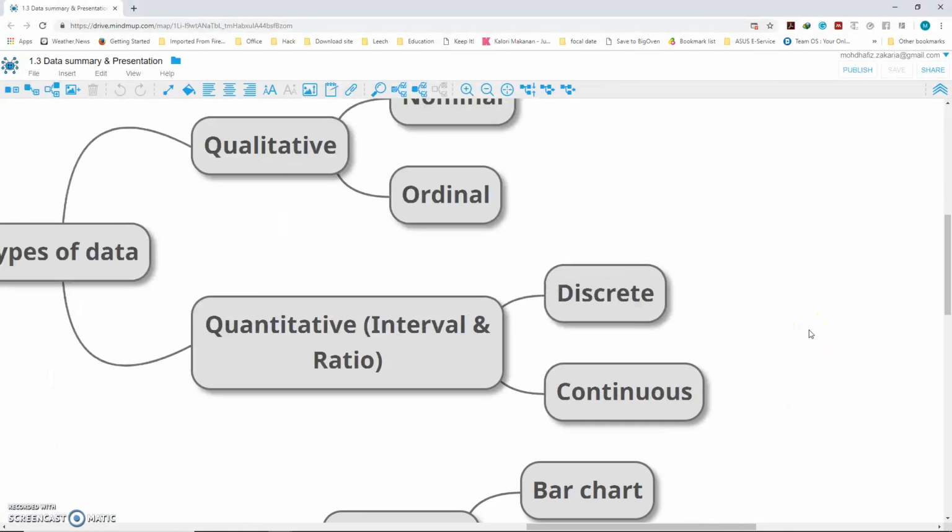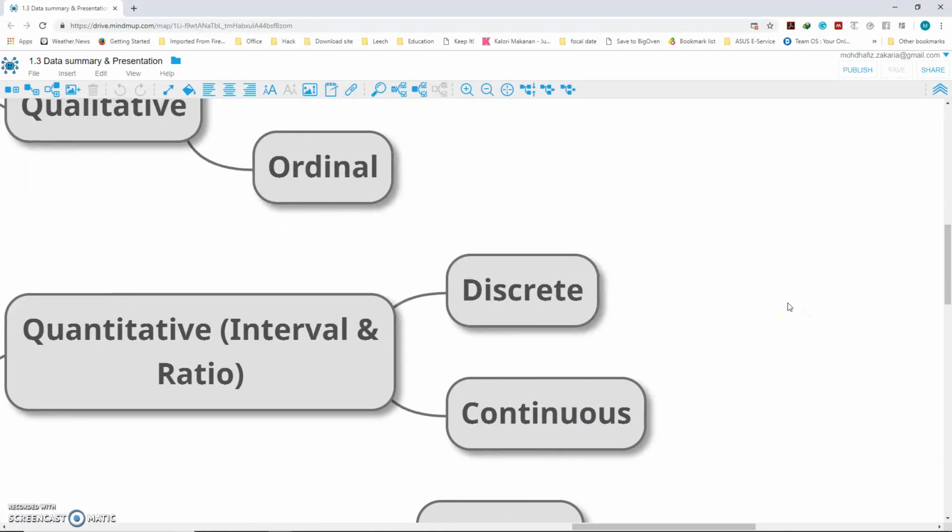If you look at this, discrete and continuous. Actually, let's try to look at page 6. They give you an example of discrete and continuous data. For discrete data, the example is number of students, number of defects, number of votes.